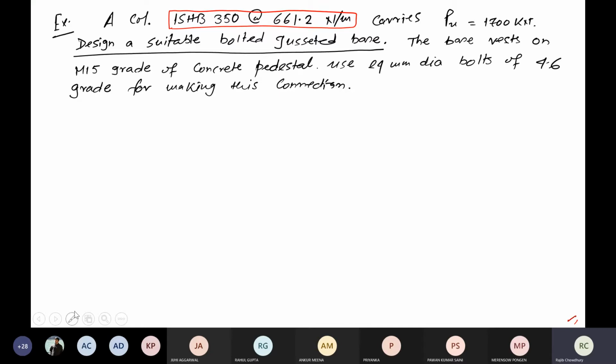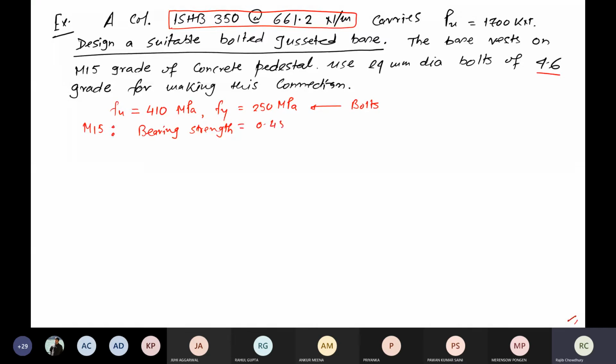And for M15 grade of concrete, the bearing strength is equal to 0.45 of fck, which is 0.45 multiplied by 15 MPa, so it becomes 6.75 Newton per mm square.